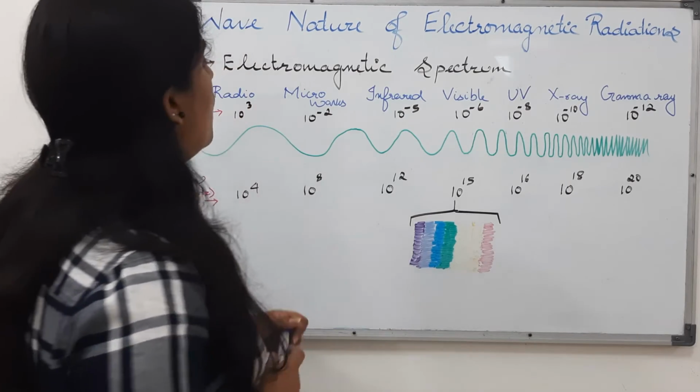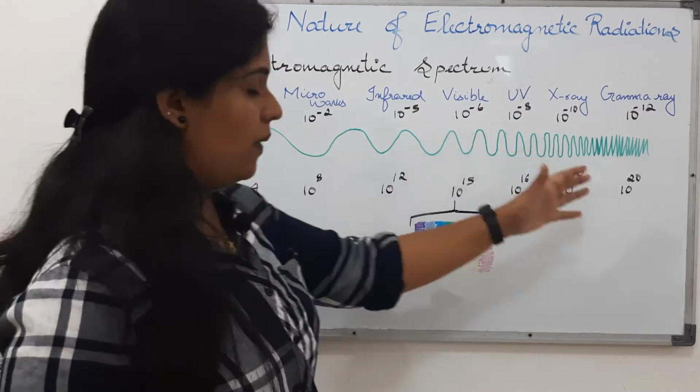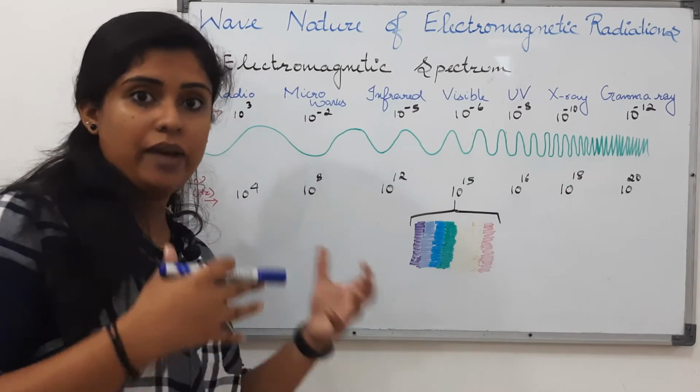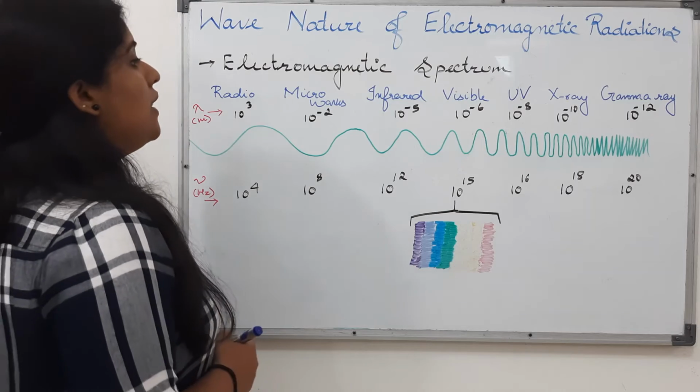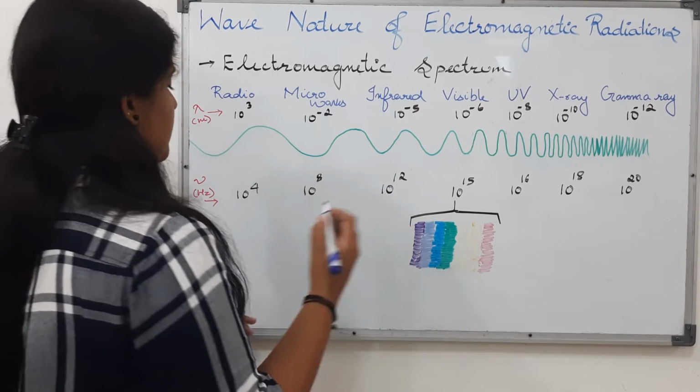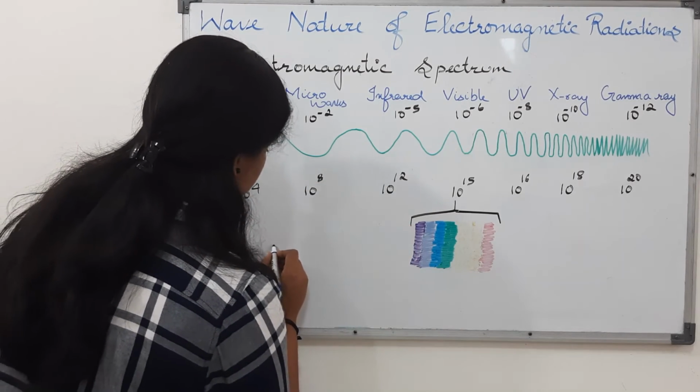Now these electromagnetic waves, when moving in vacuum, travel with the same speed, the speed of light, that is 3 into 10 power 8 meter per second.